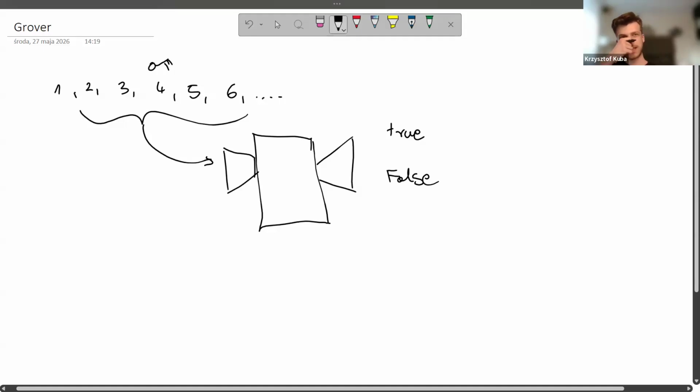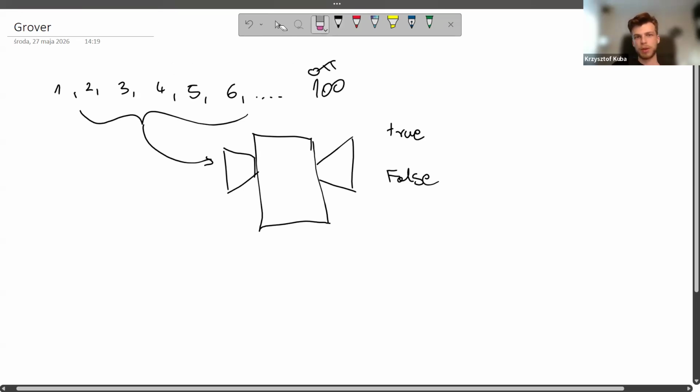Classically, you would have to check, in the worst case, every single number to find the key, right? If you check one by one, and the key is, let's say, in a list of 100, this is our key.